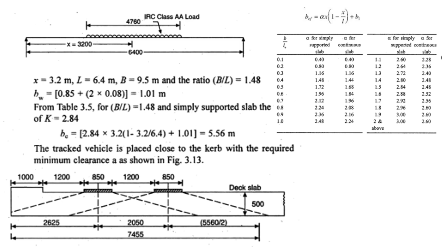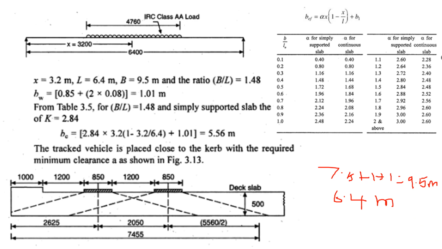The breadth of the slab is given by 7.5 meter carriageway plus 1 meter on both the sides. So the total breadth of the slab is 7.5 plus 1 plus 1, which is 9.5 meter. Already we know that the effective span of the slab is 6.4 meter.